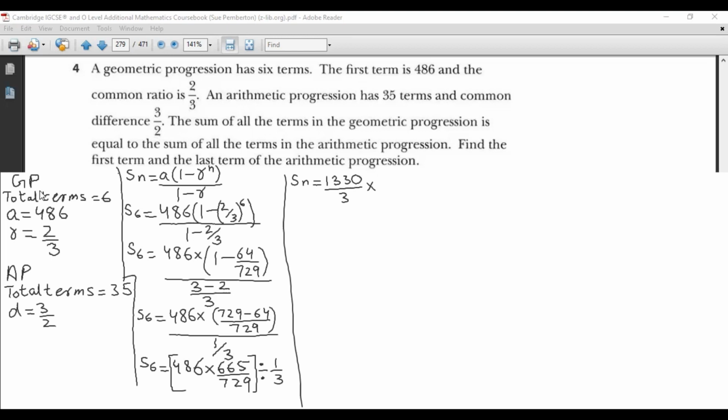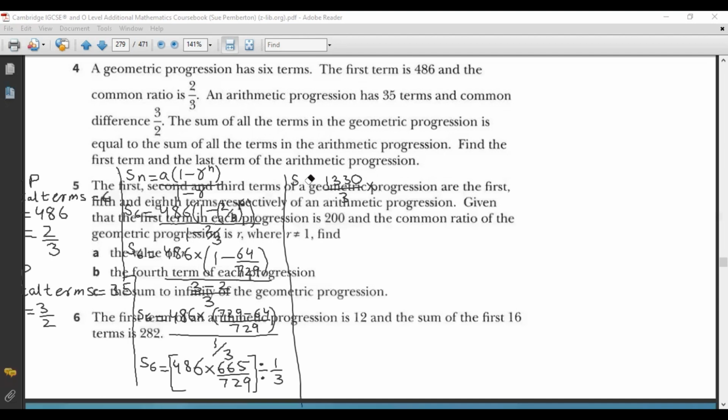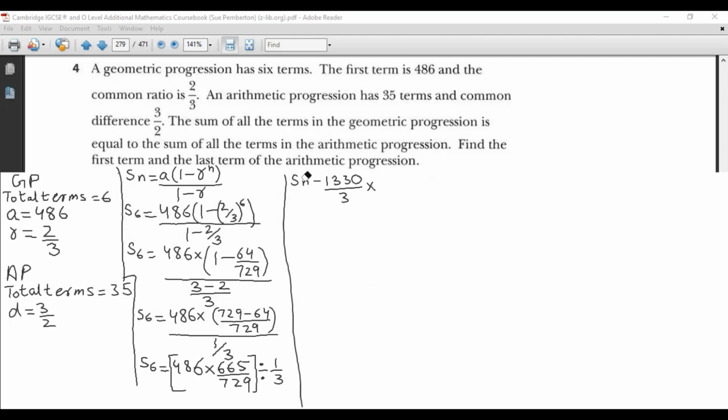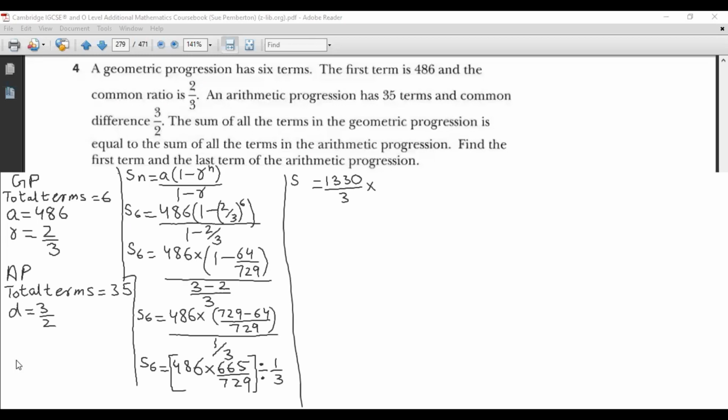Okay, now I have changed divide sign into multiply.